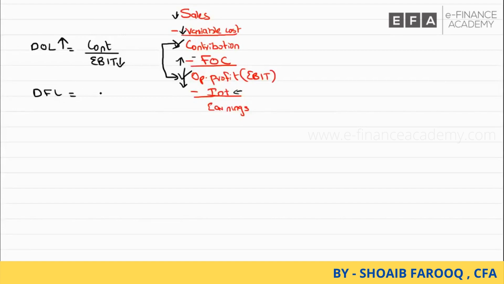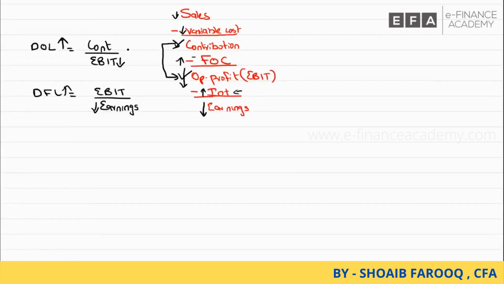So all we will do is we'll take the operating profit, which is our EBIT, and divide it by the profit after interest and taxes, which is simply our earnings. Again, if your interest cost is high, your earnings would actually be lower. Lower earnings would imply higher financial leverage, and a high degree of financial leverage would mean higher risk.